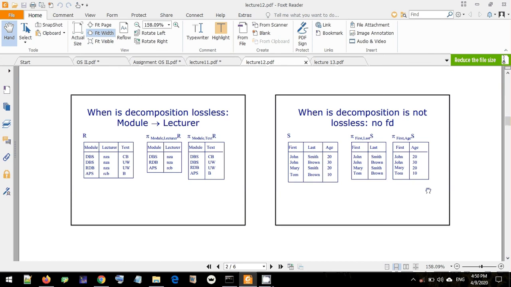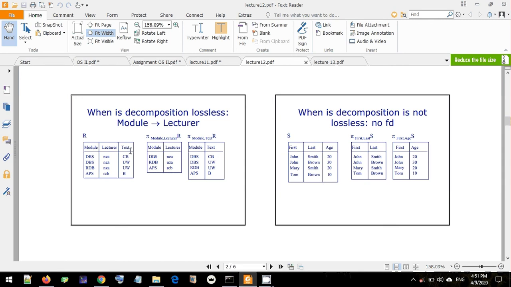When is decomposition lossless? Let's say we have a relation R where module is functionally dependent on lecturer. This relation R has three attributes: module, lecturer, and text. Now we have to remove the dependency, because we see here that module is equally dependent on text.